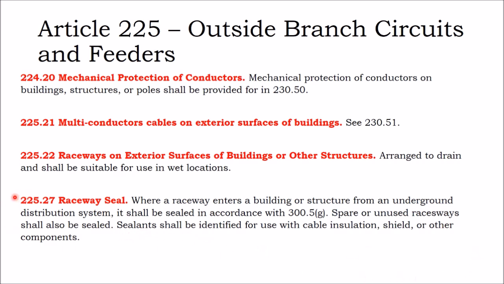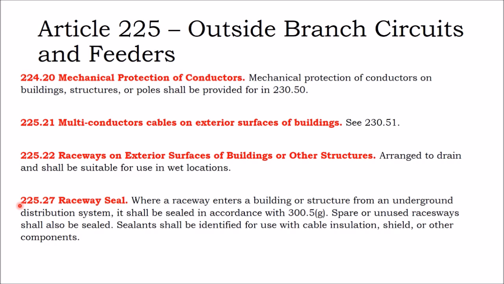And what's the big deal about raceway seals? Well, the exterior is a wet location, and inside the attic, it may be considered a dry location. But if there's a hole in your roof, between your roof and your building, then water can get into the hole.